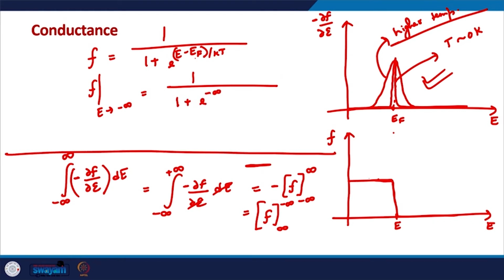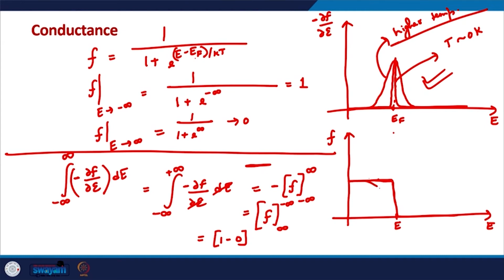E to the power minus infinity is 0, so it becomes 1. And the Fermi function at extremely high energy values, E tending to infinity, is 1 divided by 1 plus exponential infinity. So, it tends to 0. So, this upper limit, minus f at minus infinity, at extremely small values of energy, f is 1 and 0 at extremely high energy values, which is also clear from the plot.